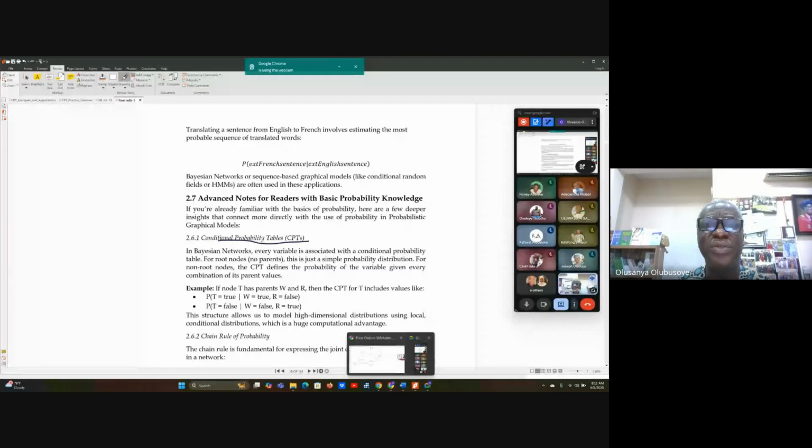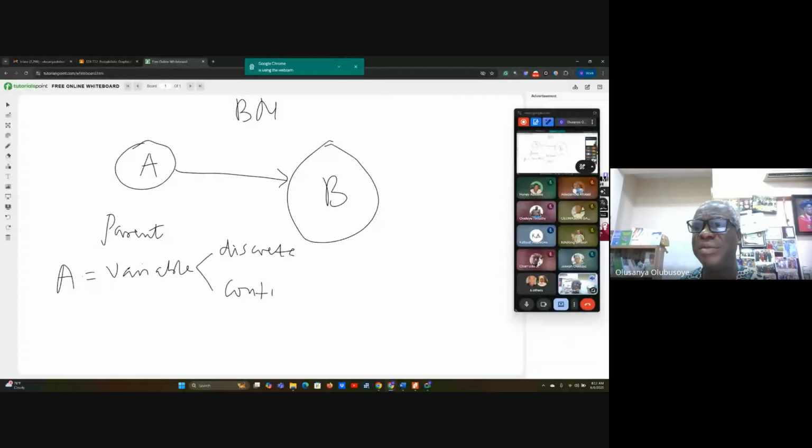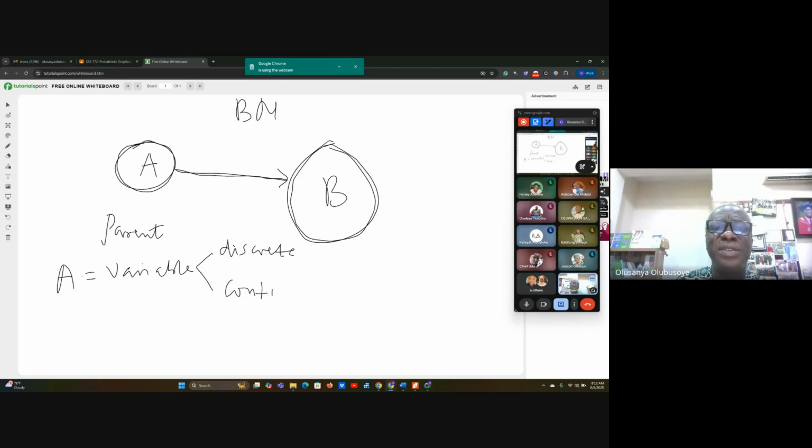That took us to this representation where I said that in Bayesian networks, you have variable A and variable B in the nodes, and then you have the edge, the arrow showing the direction of influence.